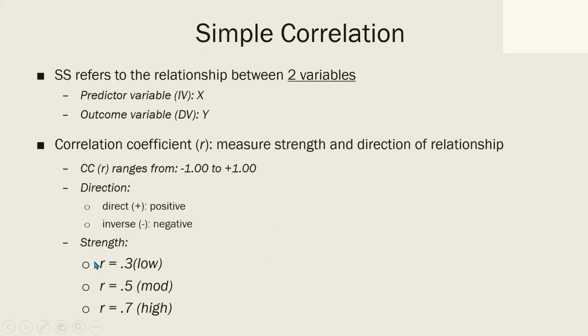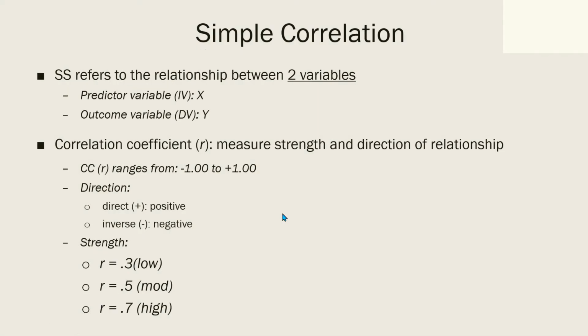So you can see here that for the strength, there's a series of numbers that are correlated. 0.3 or less, that's considered pretty low strength. 0.5, okay, that's in the middle. So that would be considered a moderate strength for that relationship. And then at 0.7 or anything higher than that, that would be considered high.